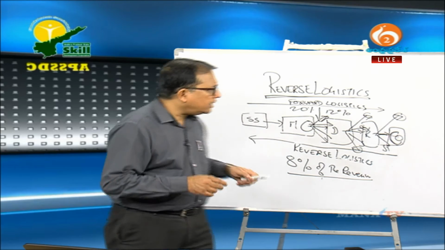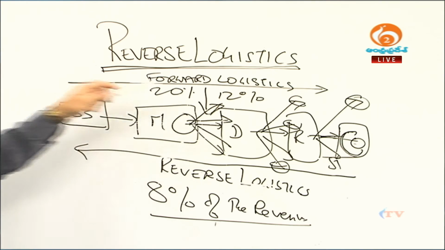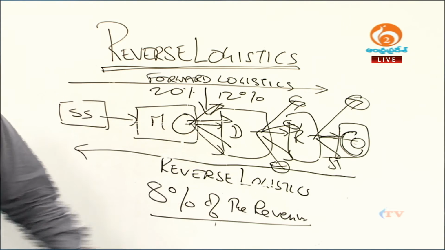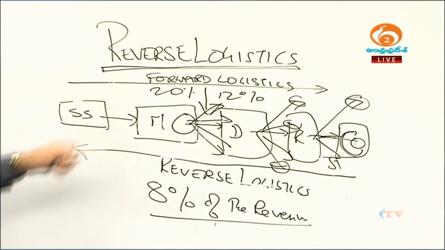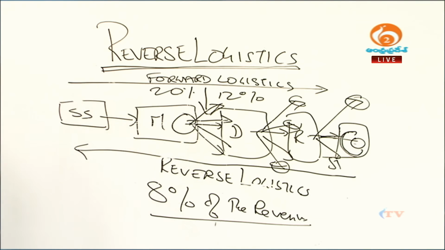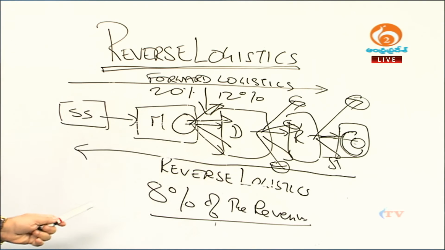So, if you see, while forward logistics is predictable, the process is predictable, the costs are predictable, the systems are uniform, the designing of the supply chain can be determined. The reverse is not true.